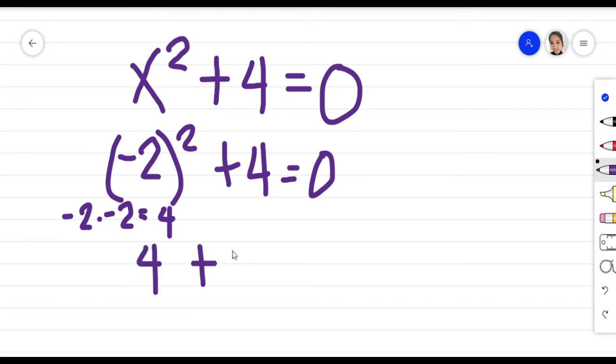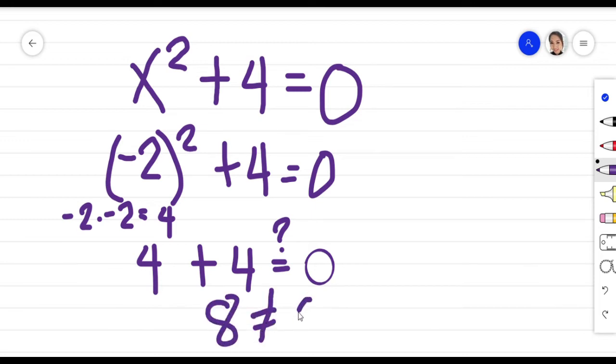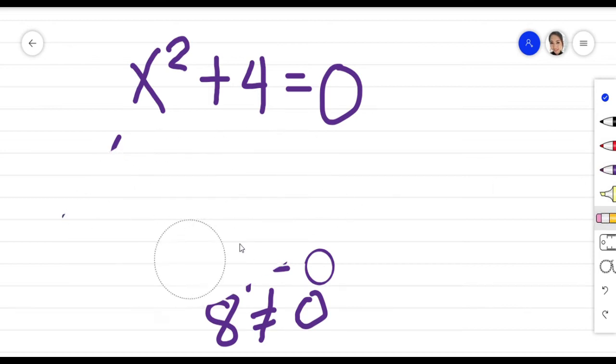And then 4 plus 4 equals 0. Is that true? 4 plus 4 is 8. And obviously, that is not equivalent to 0. So there is no such value for x here that when we add it by 4, the result is 0. Right? So it's not possible. So we have to erase this part.